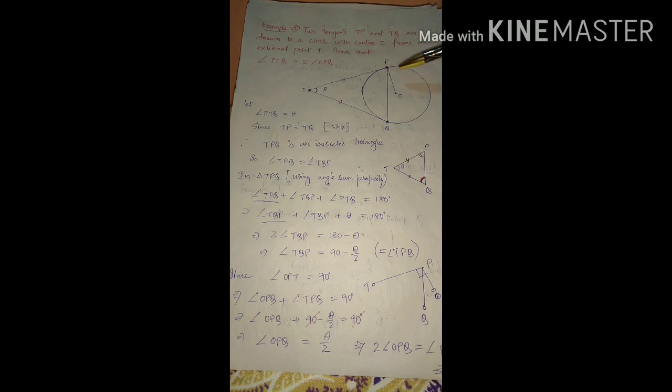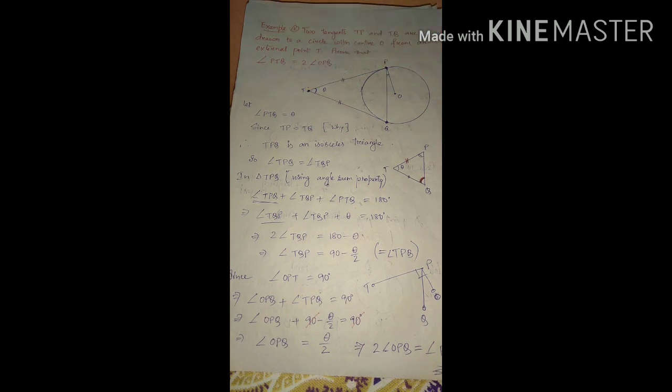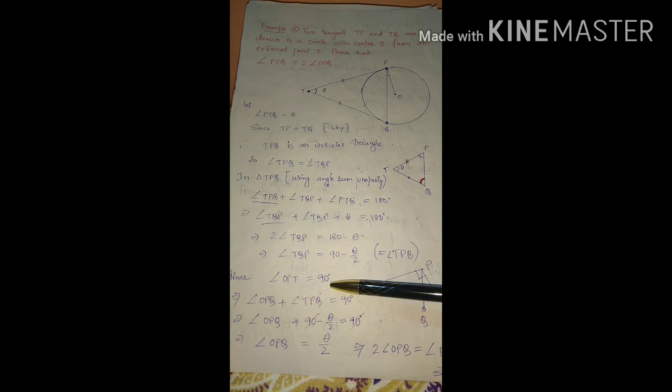So this one is the point of contact, this is the tangent, and this one is the radius. So how much is this angle? 90 degrees. For that reason, we can write OPT equals 90 degrees. Is it clear?